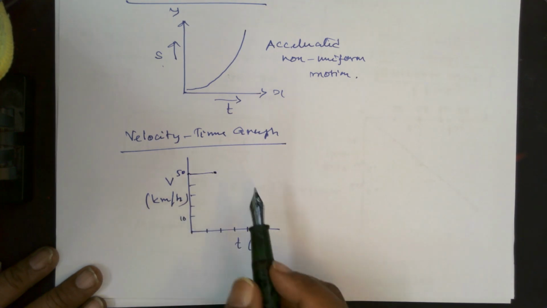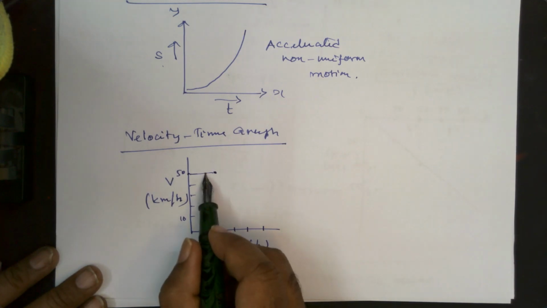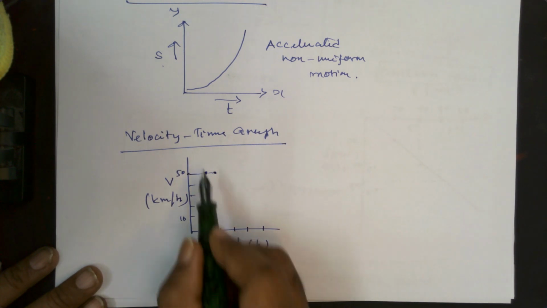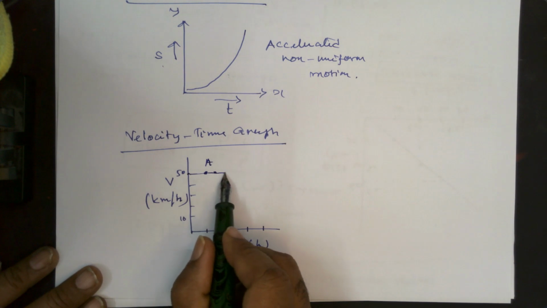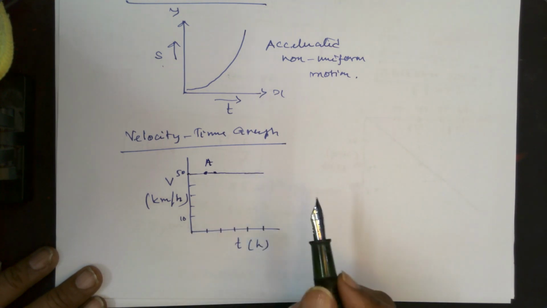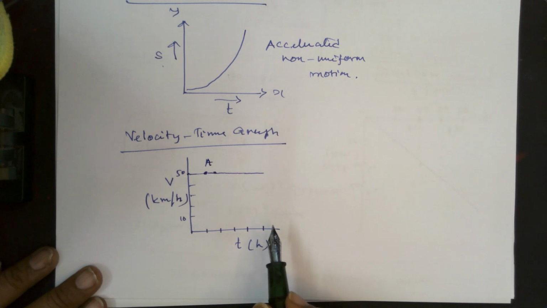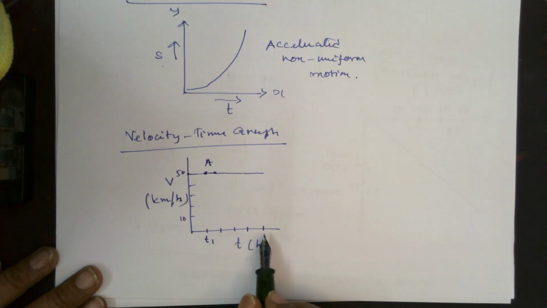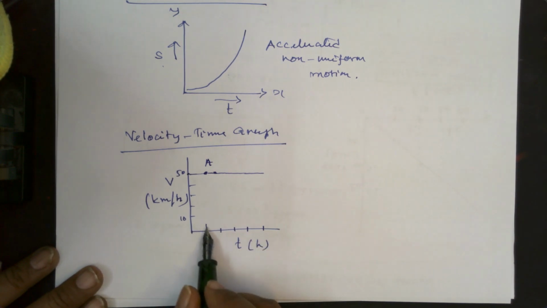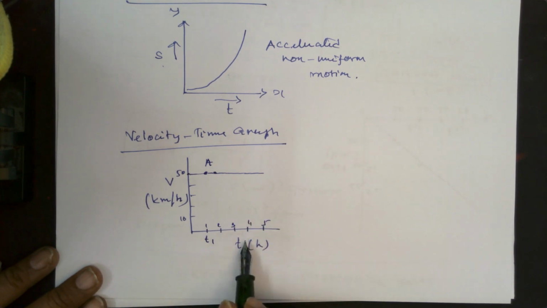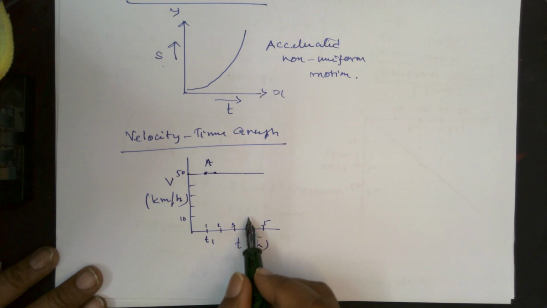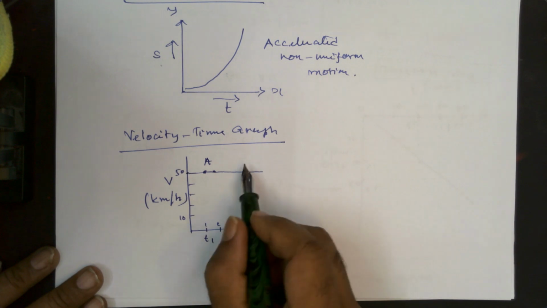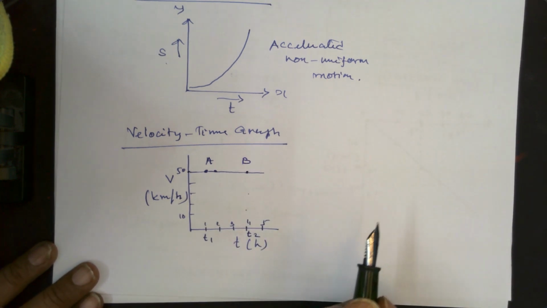So, at 1 hour, it has started at A. So it goes on at 50 kilometer, constant speed, and it reaches B. So let me say this is T1. In T2, this is 1, 2, 3, 4, 5. So this is T2. In T2 time, it reaches here. The same velocity is there. There is no change in that.